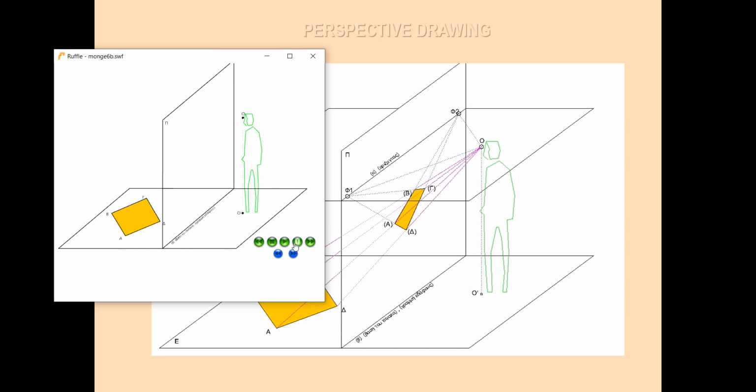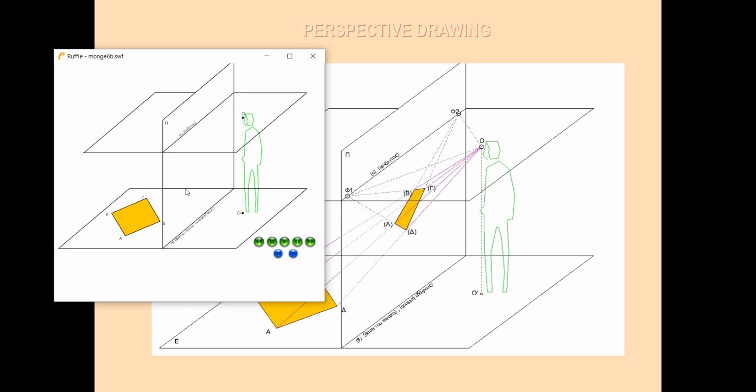First of all, let's consider a horizontal plane that passes through the observation point O. This horizontal plane intersects the perspective plane at this line that is called the horizon line. The distance between the horizon line and the baseline is equal to the height of the observation point.